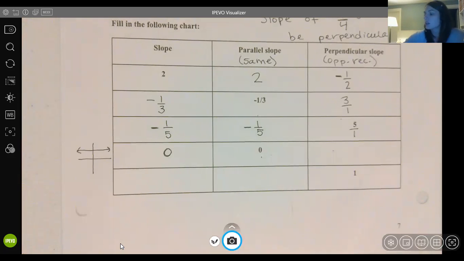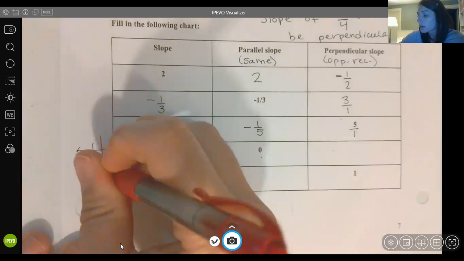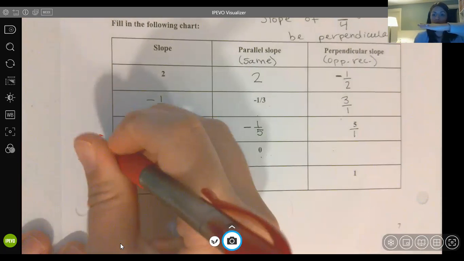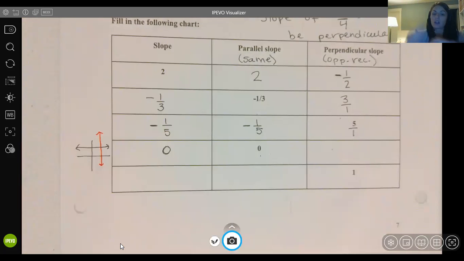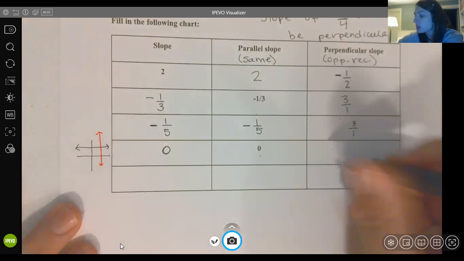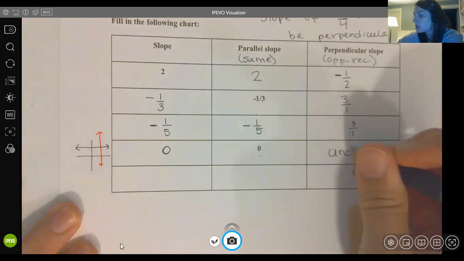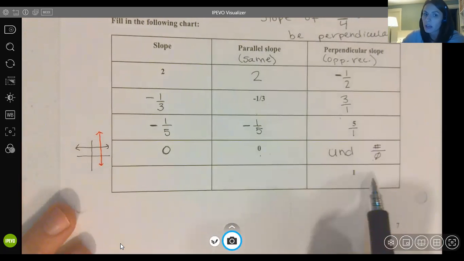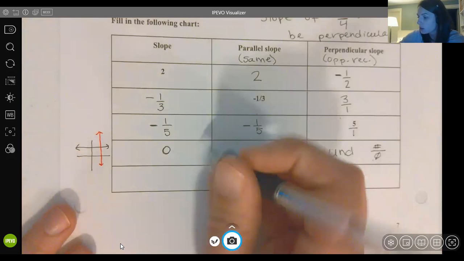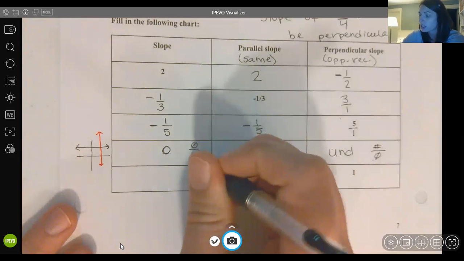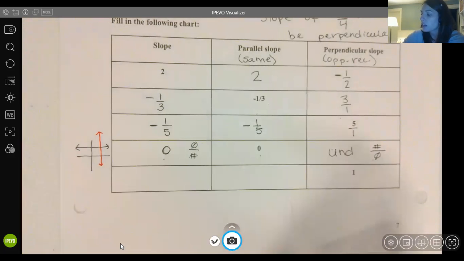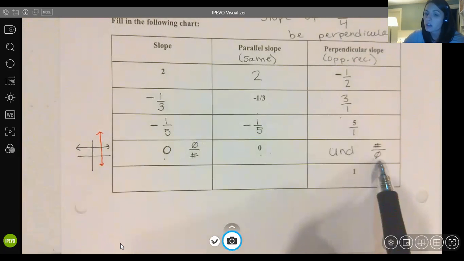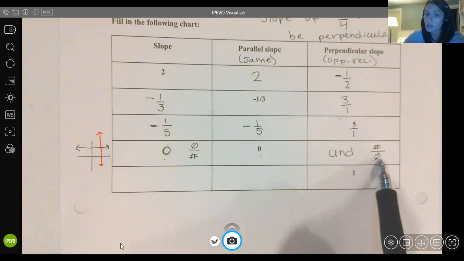Or if I think about what perpendicular looks like, perpendicular to a horizontal line is going to be a vertical line. So what happens when my slope is 0 is that my perpendicular slope ends up being undefined because I can't put 0 in the denominator. If that 0 goes to the denominator, it's going to be undefined.